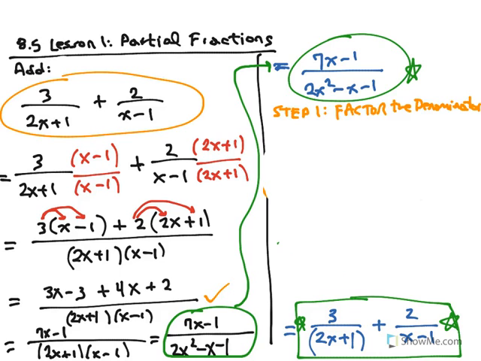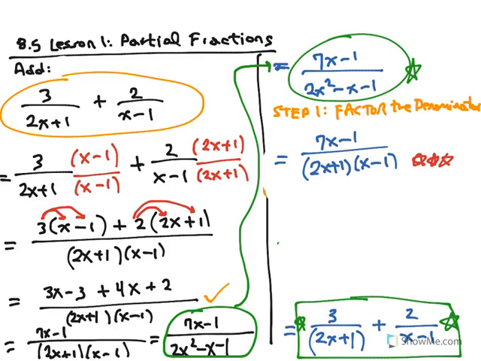The first step in partial fraction decomposition is to factor the denominator. So in this particular example, the denominator factors as 2x plus 1 times x minus 1. The second step is to write the form of the partial fraction decomposition. And again, that depends on how the denominator factors.